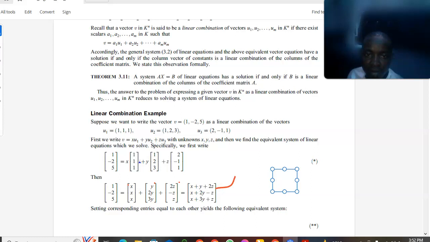And x plus 2y minus z, that's what we have here. And x plus 3y plus z, that's what we have here. So do not forget that everything we have there is equal to this.